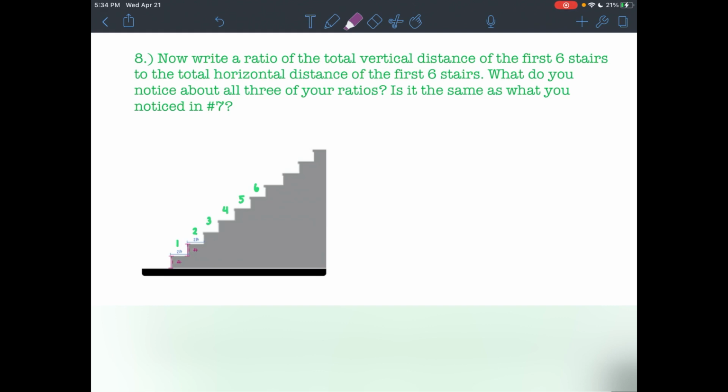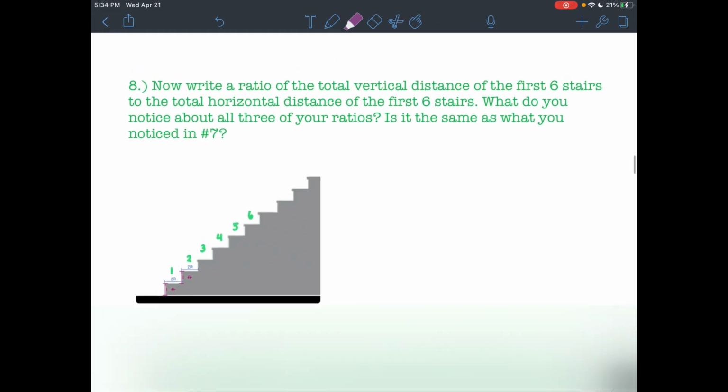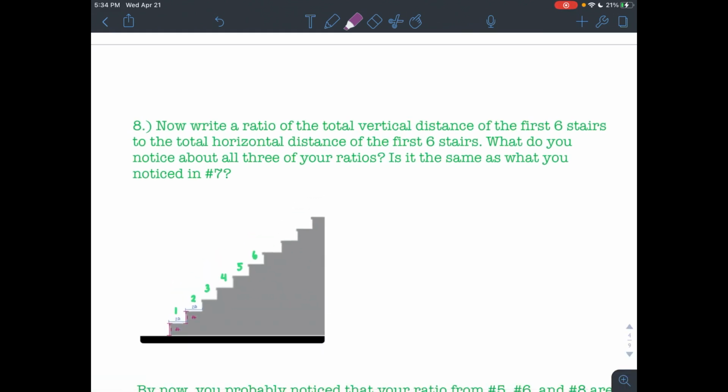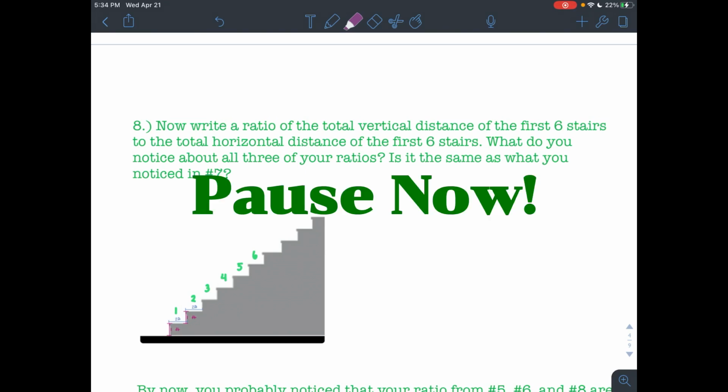Is it the same as what you noticed in number 7? Take a look at what you noticed in number 7. Is it the same? What I want you to do is to remember these ratios, because we're going to come back to these ratios in a minute. So, pause the video, fill out this section, and then play when you're ready to go.